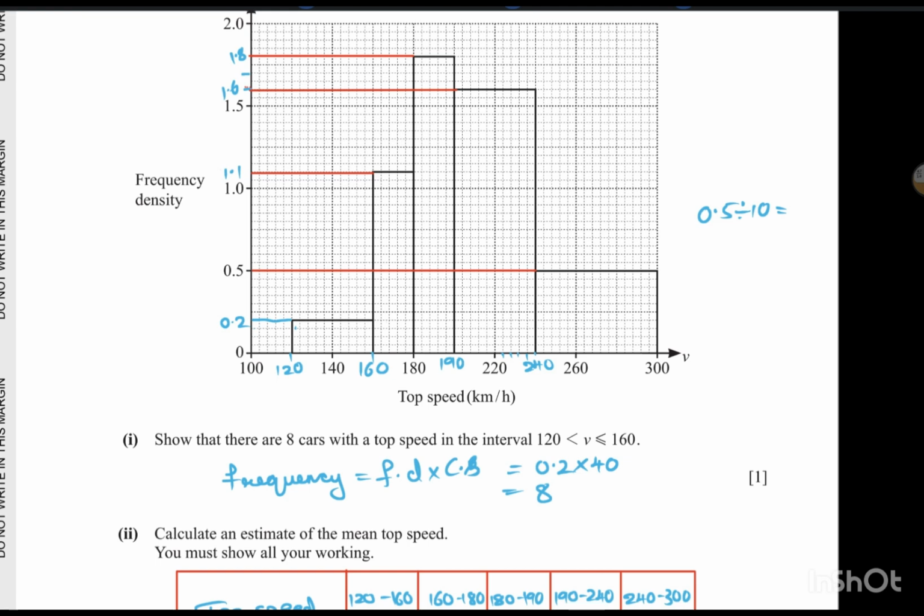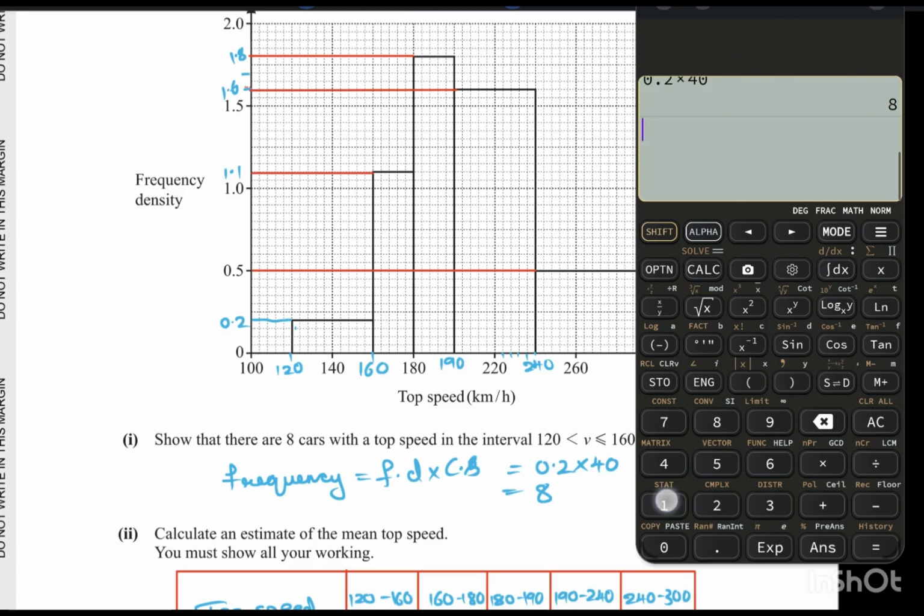Okay, now we got all the frequency densities. Now frequency we have to find out. The first class we already got 8. The second class, 160 to 180, will be 1.1 into what is the class size? Class size is 20.